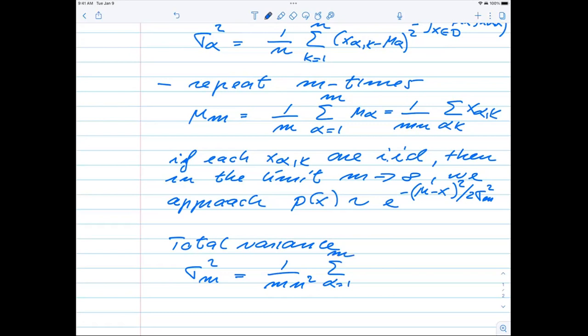and then we have the sum over k and L equal 1 up to n, and this is a double sum, and then we have x alpha of k minus the expectation value mu of m, multiplied with x alpha of L minus mu of m.